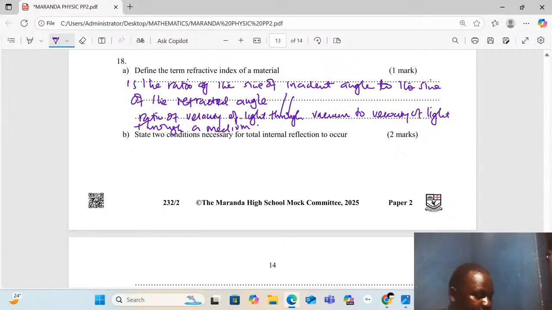State two conditions necessary for total internal reflection to occur. They are always two.